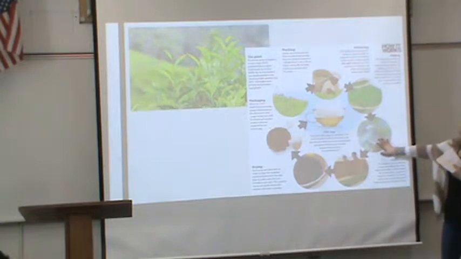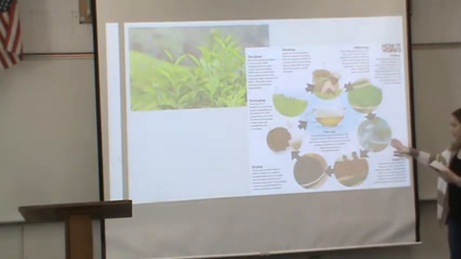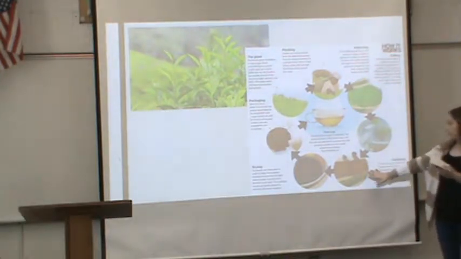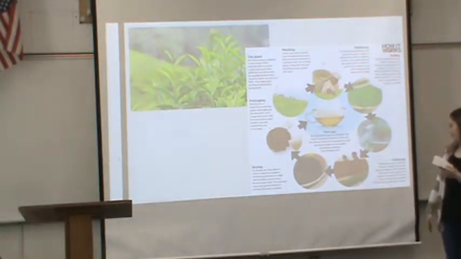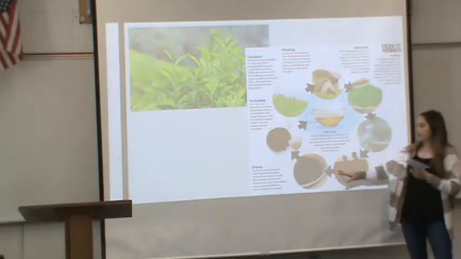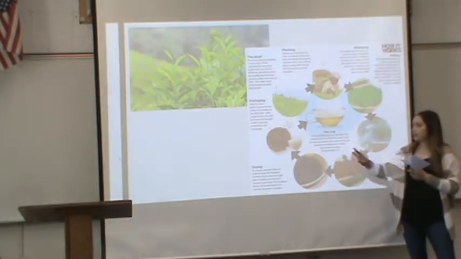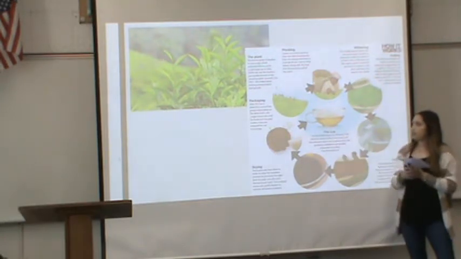And then after that, they go through the rolling process, which is they are cut up by a machine. After that, it's the oxidizing process, so they just sit there and undergo chemical processes where they naturally break down. After that, they go through the drying process, and they sit there for a couple more hours just to dry before packaging, and then that's how the tea is made.